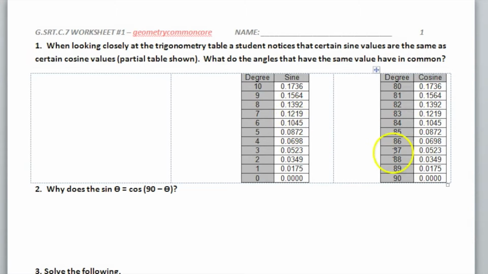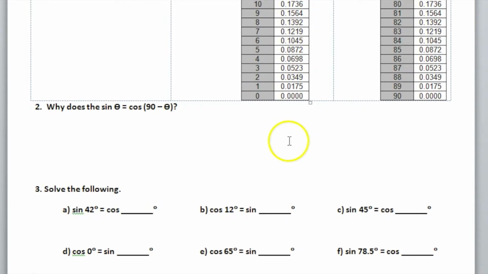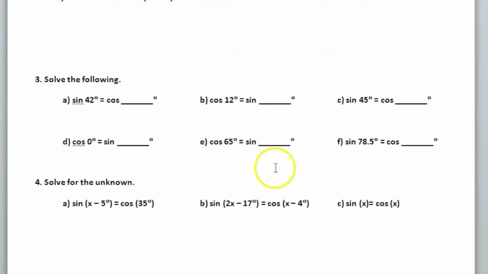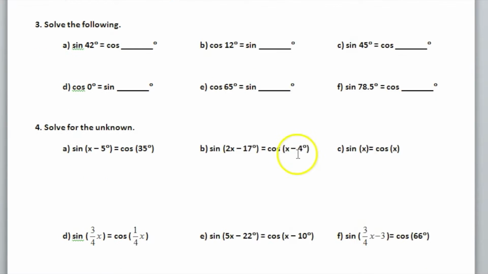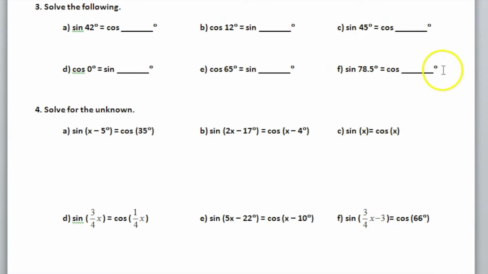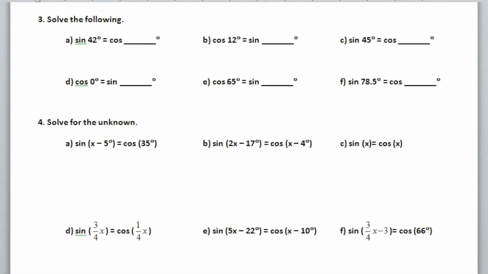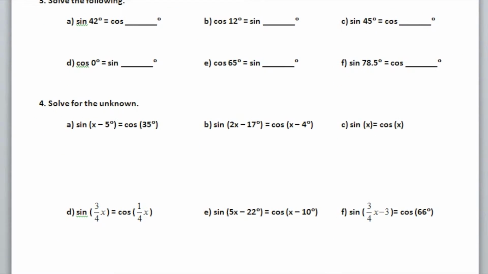Worksheets do the same. We have kids find the matching values, and we talk about that relationship. We look at real easy relationships, then we look at the algebra ones too, that are often more difficult and a little more complex for students. But again, they are focused nicely on that concept. Lots of good practice.